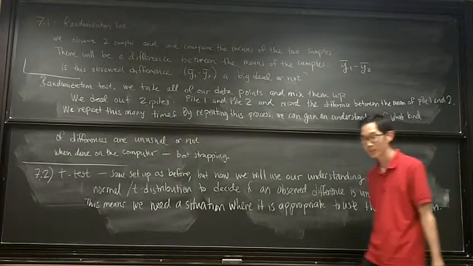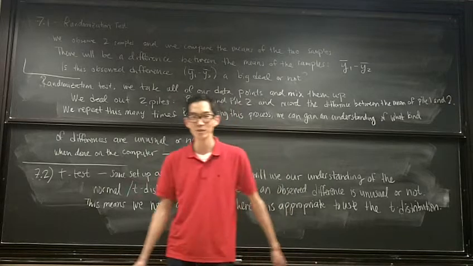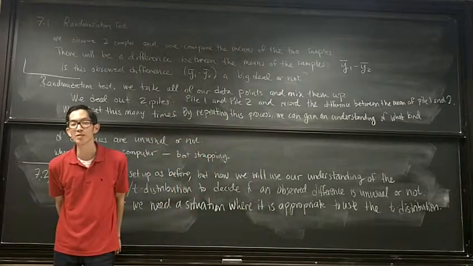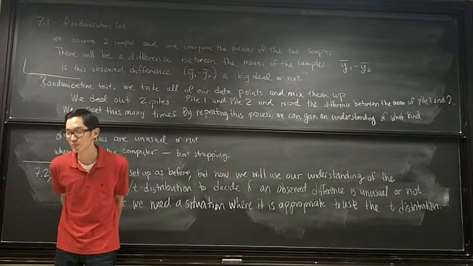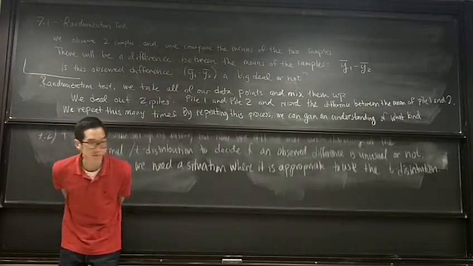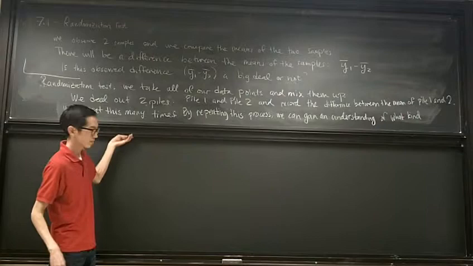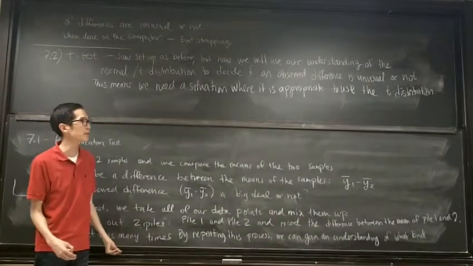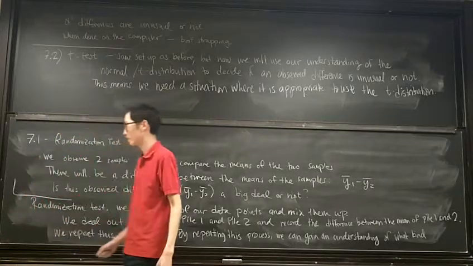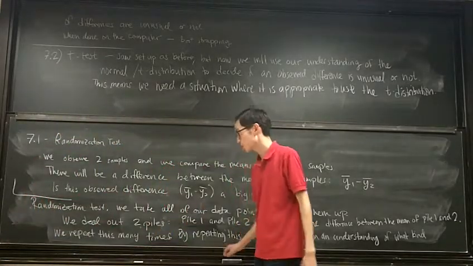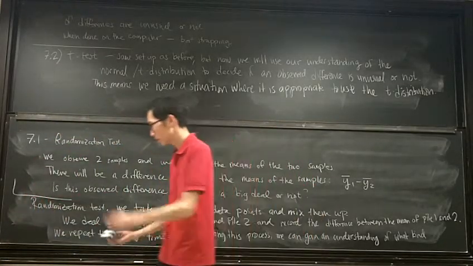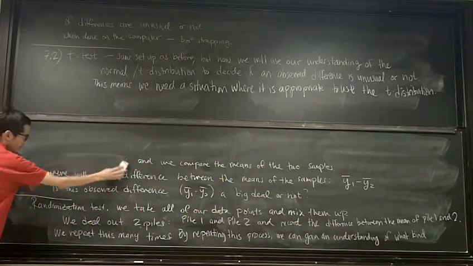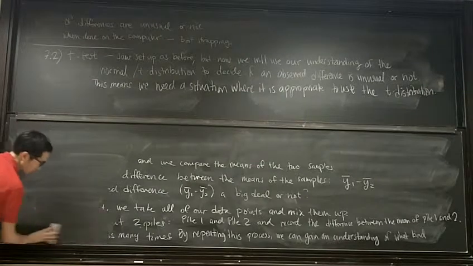Do you guys remember when it's appropriate to use the t-distribution when talking about means? T or normal distribution? Or I guess when does the central limit theorem apply? The central limit theorem says that means of samples follow a normal model, a normal distribution.